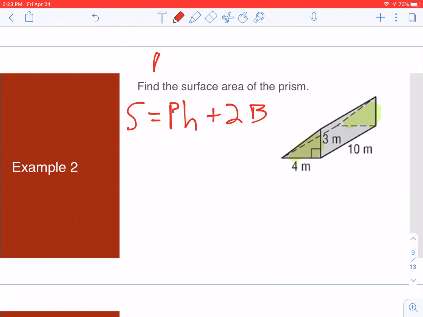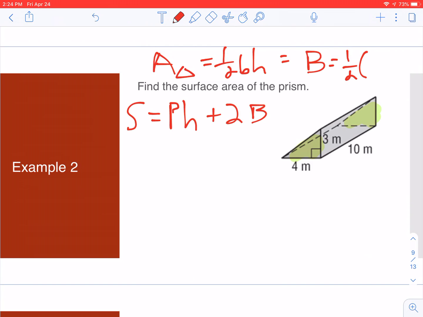Up here, I will put area of a triangle is 1/2 base height. That also equals what we would say is capital B, the area of the base.